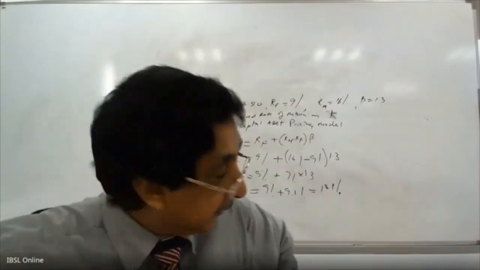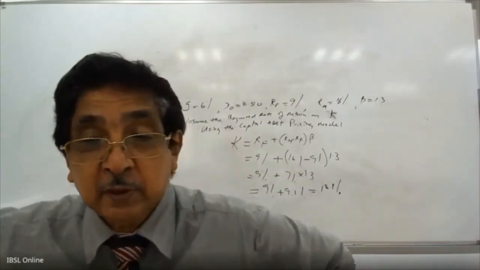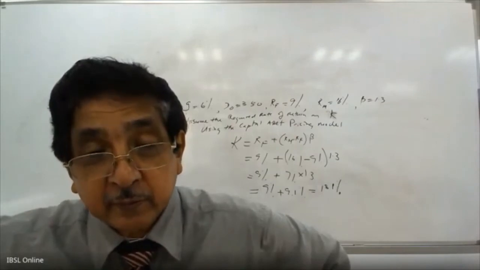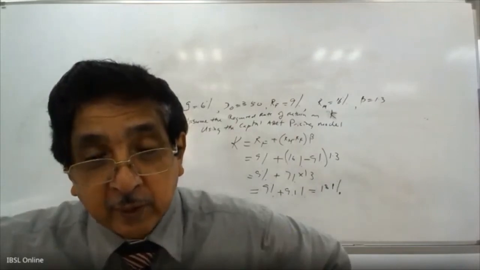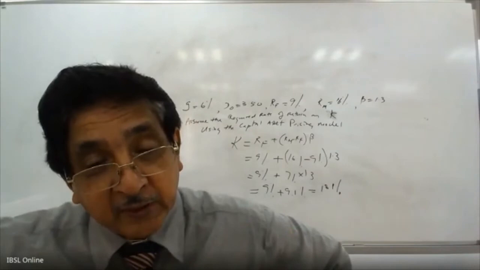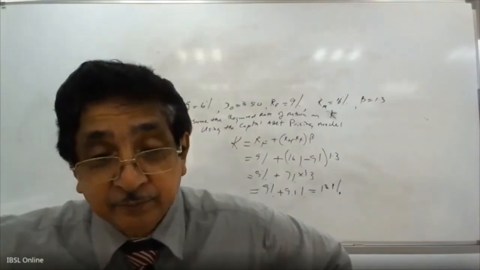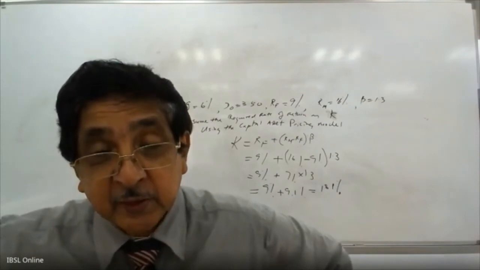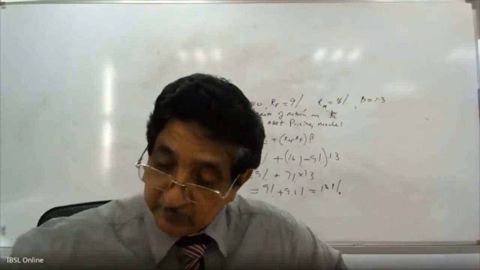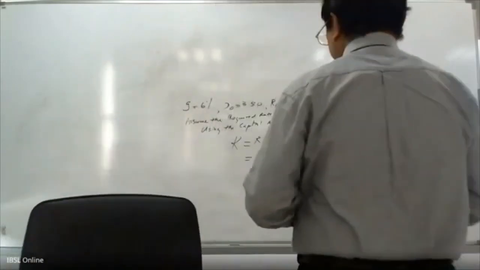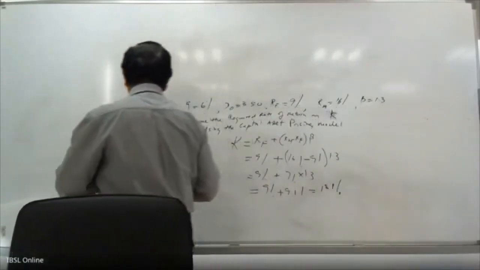Now that is how that 18.1 comes. Later on, we can apply. Now K is also available, and we have other data, and we can arrive at the price. Right. Then we can go into the next formula.